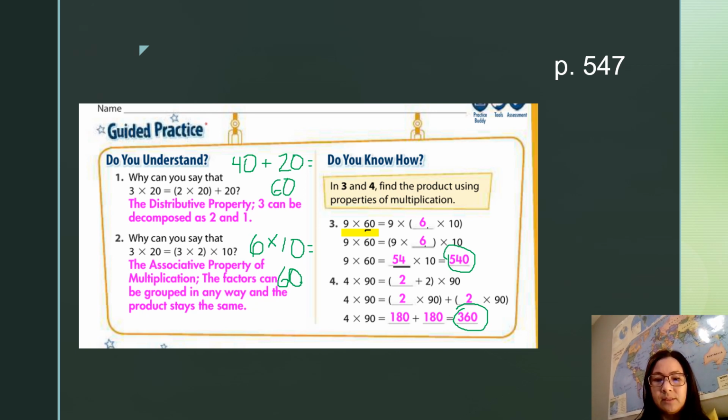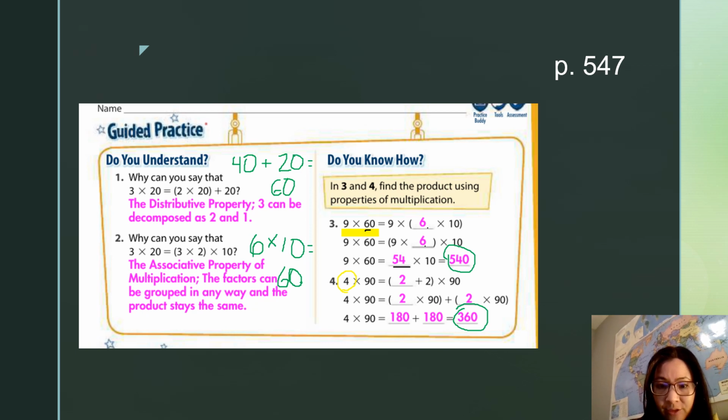Okay. Number 4 shows an example of the distributive property of multiplication. So notice the factor 4. Remember, we're looking at the answer key here, so where this pink 2 is, that would be a blank space in your workbook. So you just have to think, okay, 4 can be broken into what plus 2?